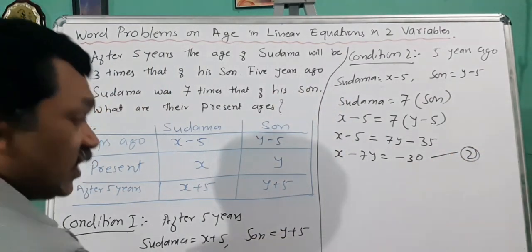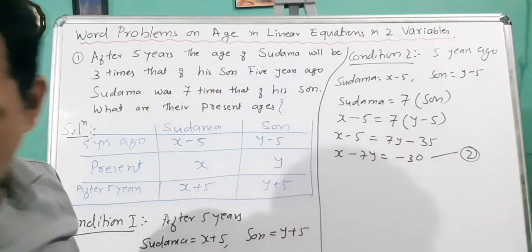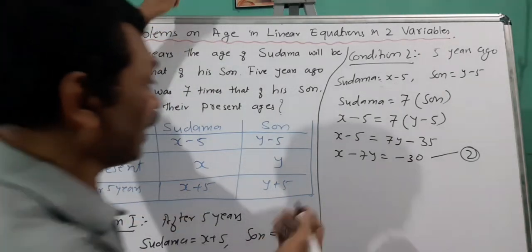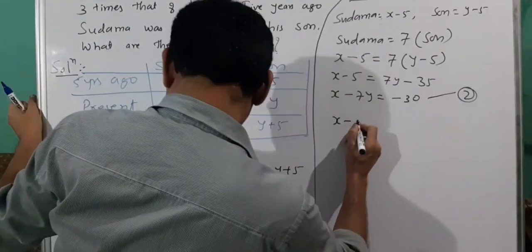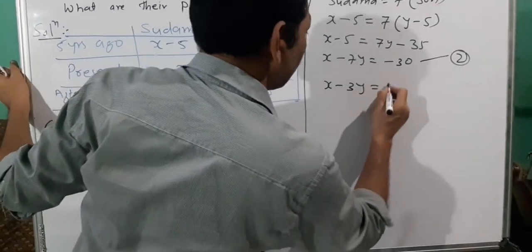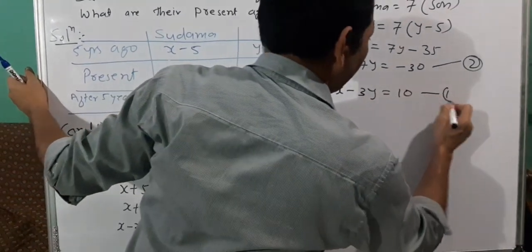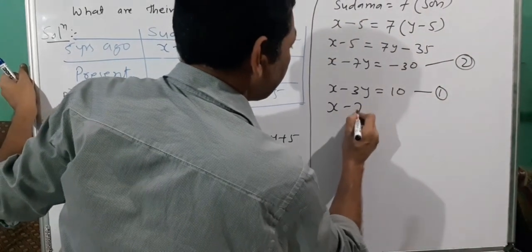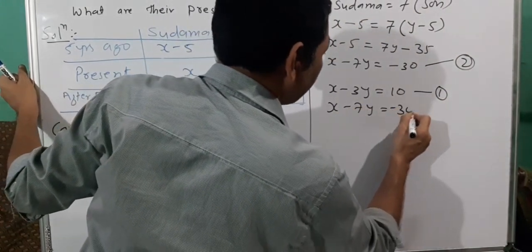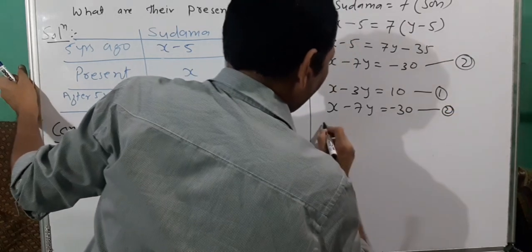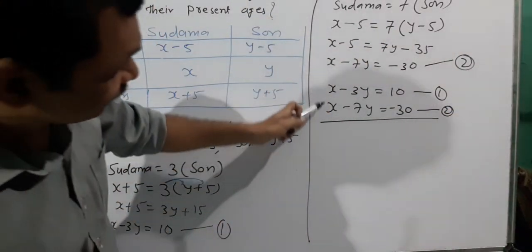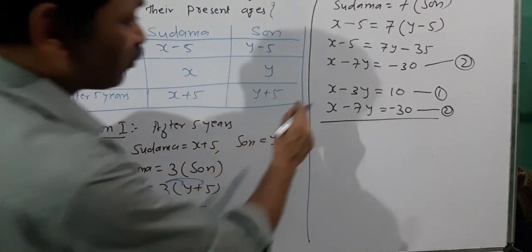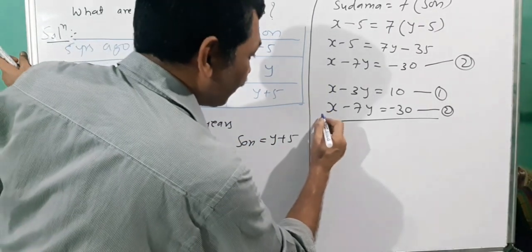So condition 1, equation 1, condition 2, equation 2. We will simplify these two equations by any of the methods. I will go for the elimination method. x minus 3y is equal to 10. This is equation 1. And x minus 7y is equal to minus 30. You can make out here, directly we can cancel x and x because both have coefficient 1. The signs are same, so I am subtracting.